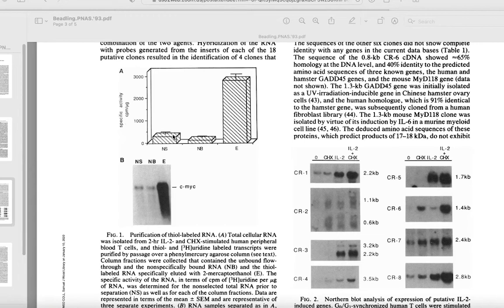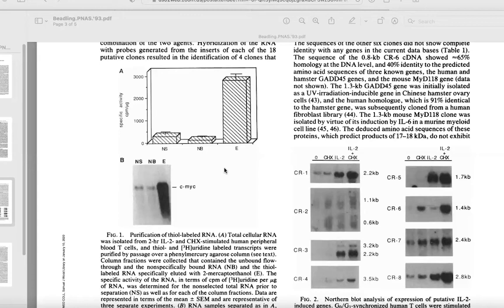And here is the amount of tritiated uridine bound into RNA that was in the flow through. Here is in the wash, and here's the eluate when we added 2-ME and brought it all off. And so you can see that basically we purified the RNA by greater than 90%.